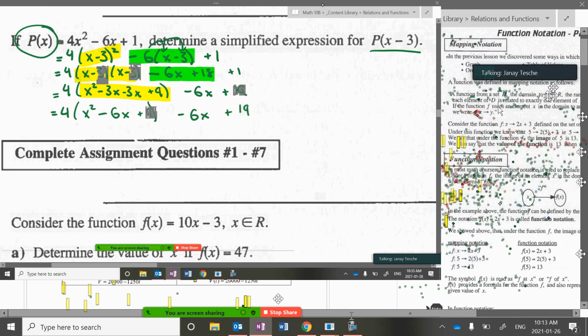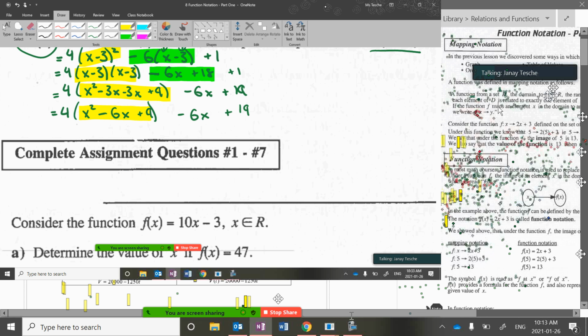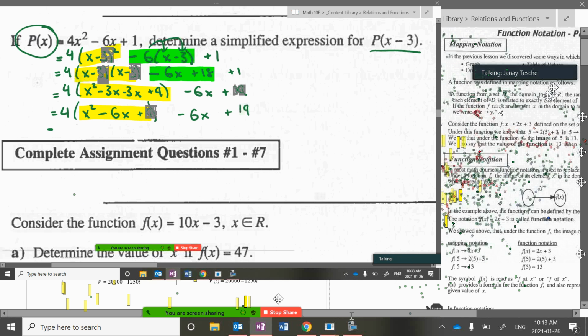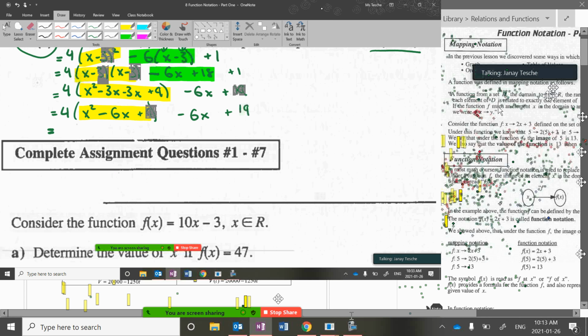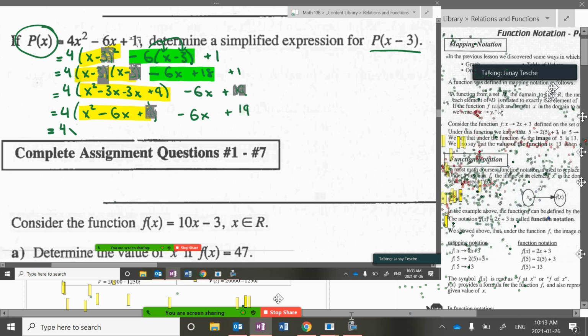Now I can multiply in that 4, which gives me 4x squared minus 24x plus 36 minus 6x plus 19. Our final step here is just combining all those like terms.